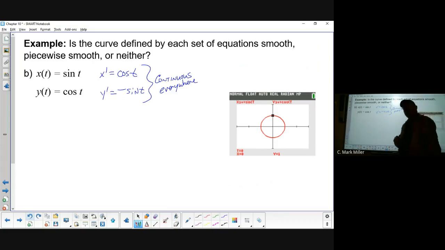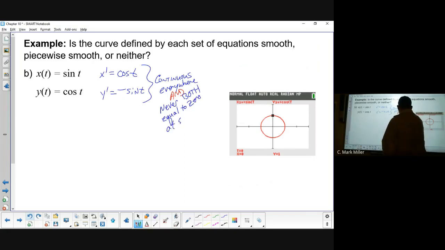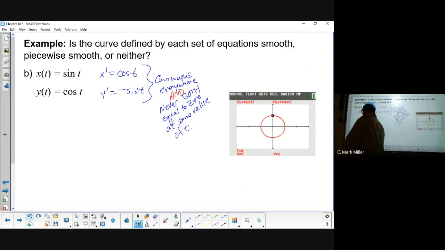They've got to be continuous, and they're never simultaneously equal to 0 at the same value of t. So these are smooth.